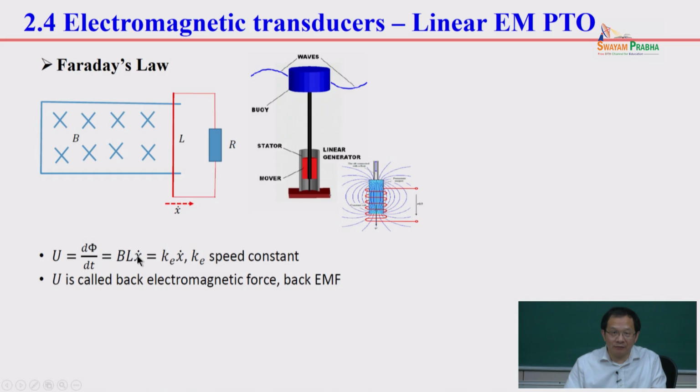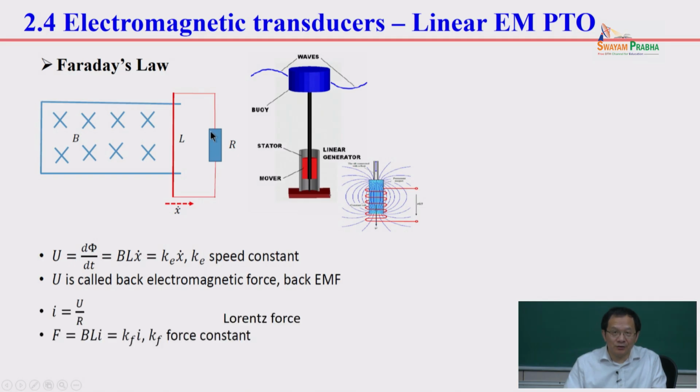That is BL times velocity, and we write K_E times velocity, where K_E is the speed constant. It generates voltage. This is called back electromotive force. It's not really a force, it's a voltage. Sometimes we call it the back EMF voltage, and it is proportional to the velocity.